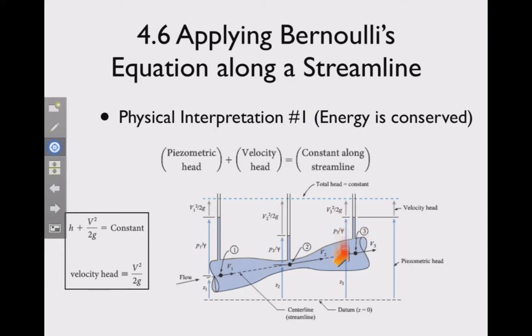In this case, Z3 plus P3 over gamma is the same as Z1 plus P1 over gamma. This is at the same elevation, and so the velocity heads have to be the same. So what we note is that the velocities V1 and V3 must be the same, because that's the only thing changing to create the velocity head. So at points 1 and 3, since the velocity is the same, the piezometric head must be the same. So these things have to be conserved.